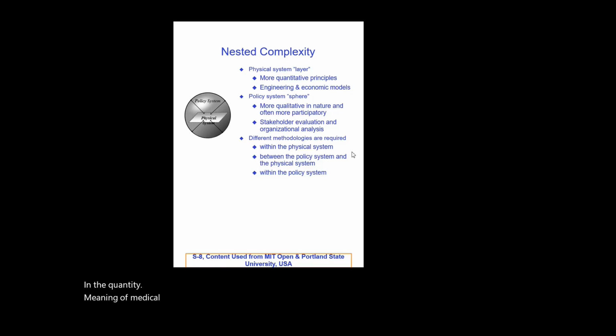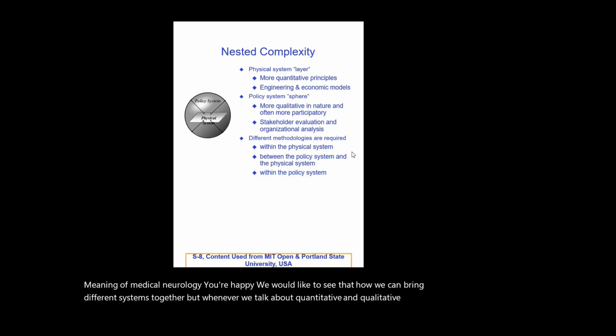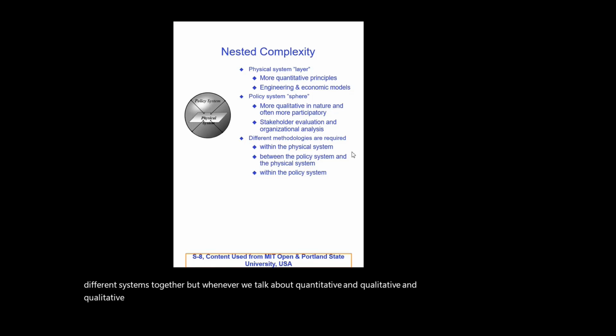Here we would like to see how we can bring different systems together. But whenever we talk about quantitative and qualitative at a decision level, in a qualitative we would like to see the personal observation or the experience of a person, or how people think or respond. For example, if I tell you something like harsh or rubbish, what will be your final response?